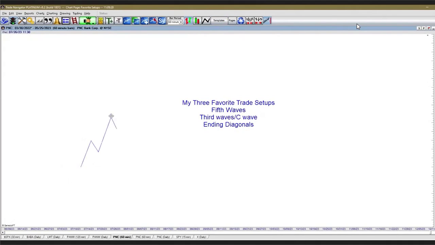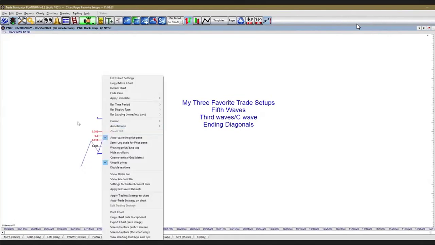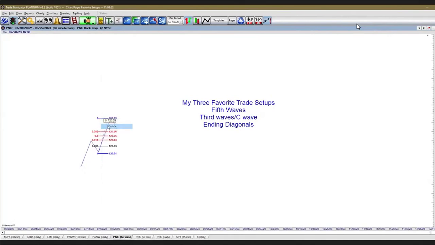And if you got a completed corrective count for wave 4, and it's holding at, say, a 38% retracement of the third wave, and so it's at good support, and then you see a little bit of an upturn, then that would be a pretty high confidence setup for a fifth wave rally. But that's going to be one of the setups.